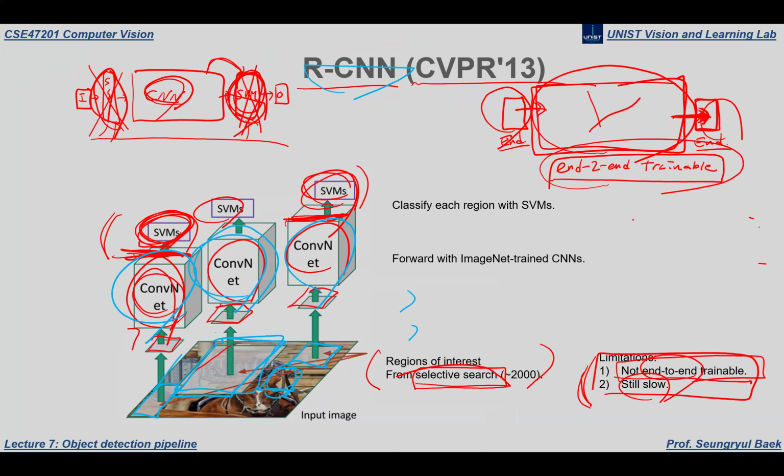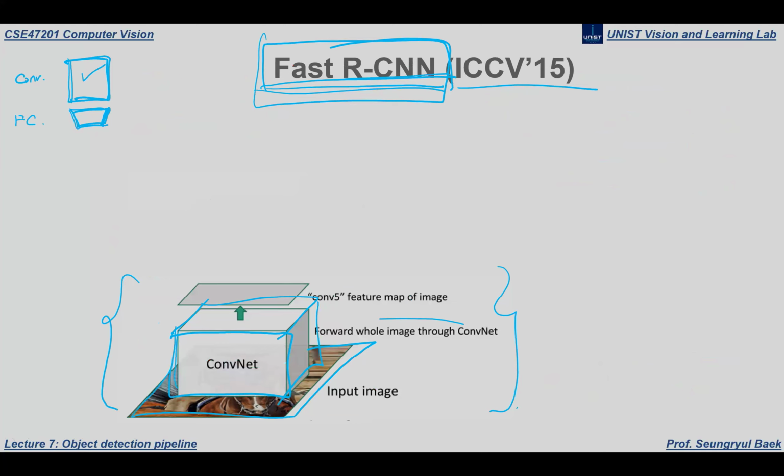In RCNN, we crop the image first using the selective search result and then apply the CNN. But here we are applying the convolutional layers on the entire image. Are you guys following this?